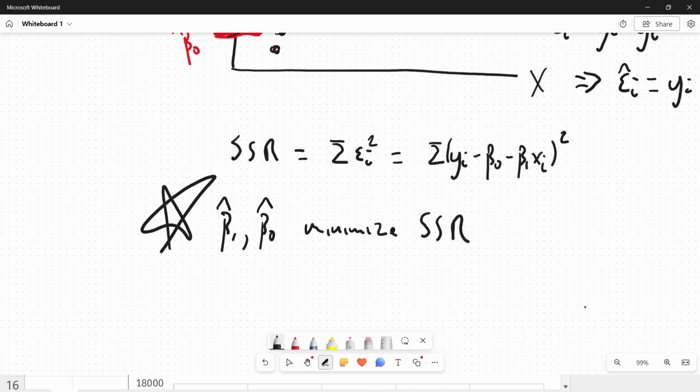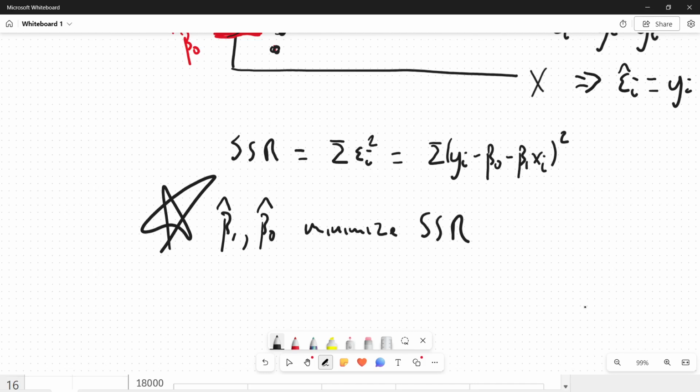This is ordinary least squares. It's called ordinary for some reason because everybody does it pretty much all the time, and it's called least squares because I'm taking the squared error terms and I want them to be as small as possible because I want the line to be as close to the data as it can be.